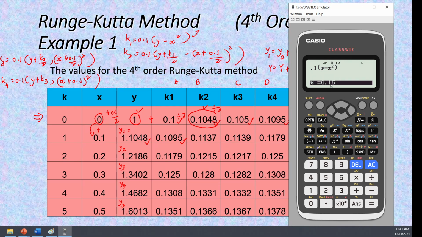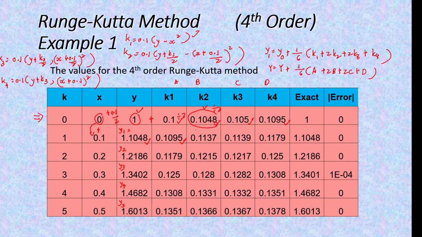So x is 0.15. So you get 0.1134. This is using Excel.